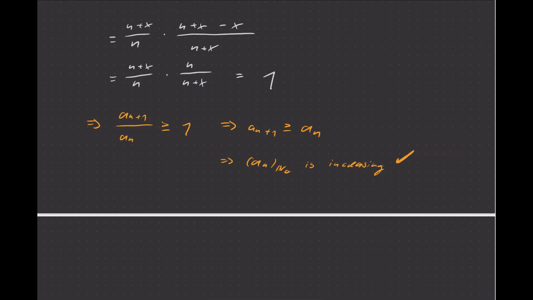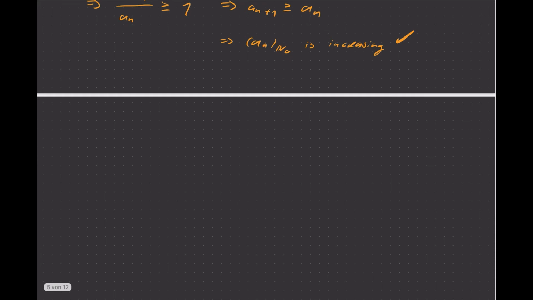The sequence is increasing. The second thing that we need to prove is the sequence is bounded. So next we're proving that this sequence here, (1 plus x over n) to the power of n, is bounded. We do this in two steps.